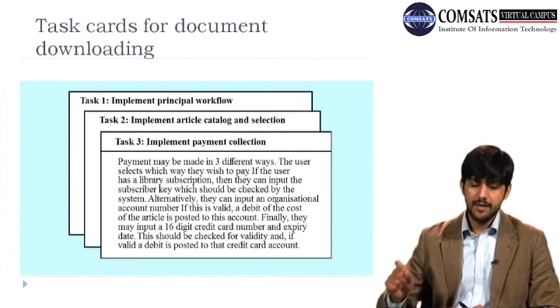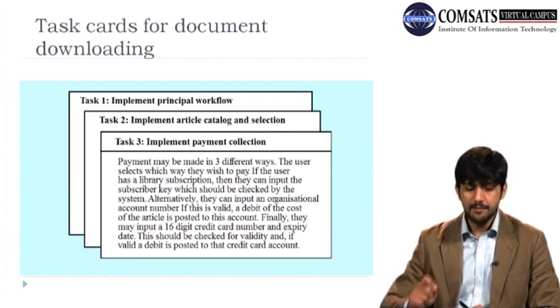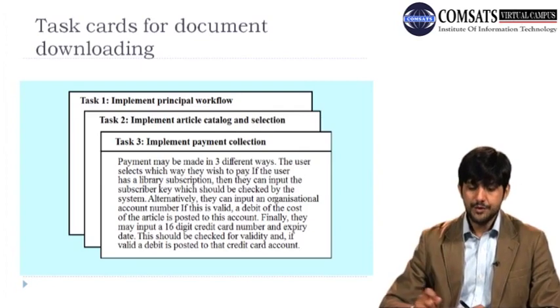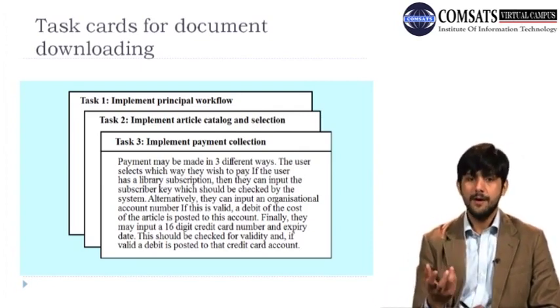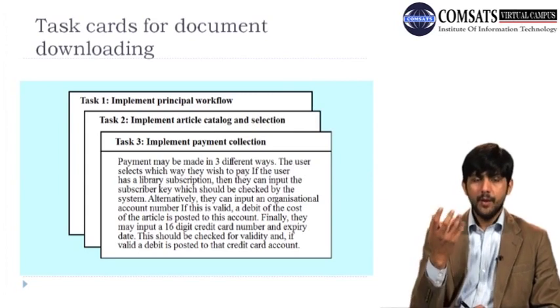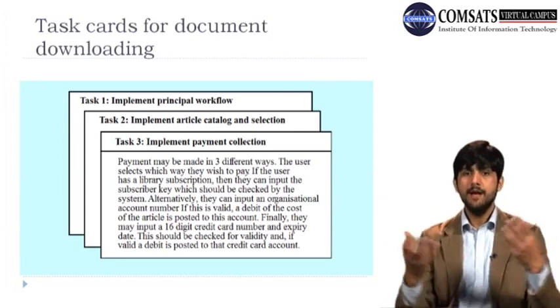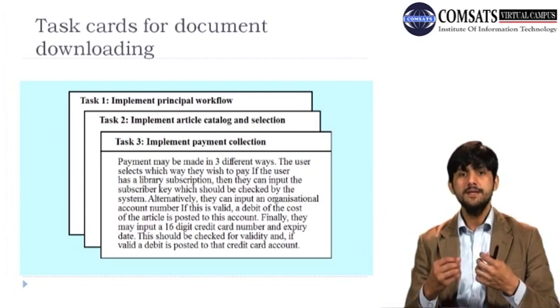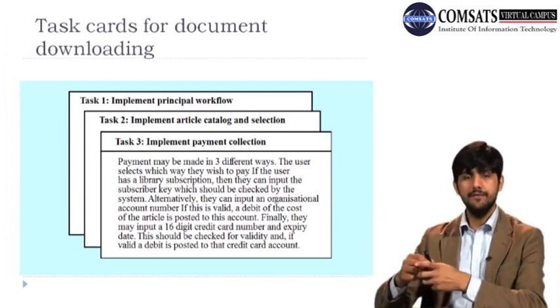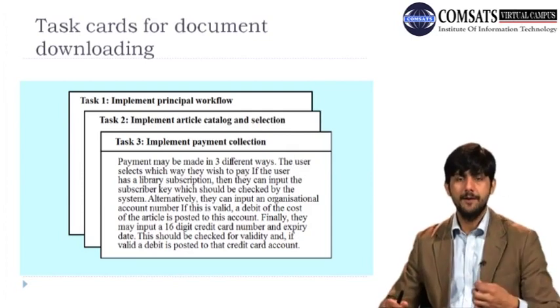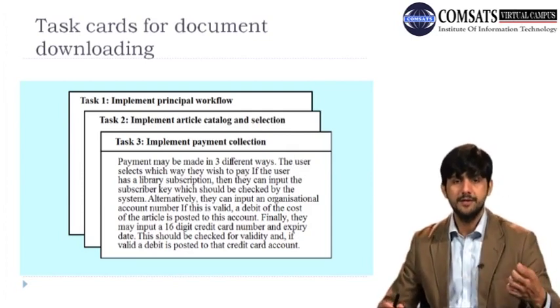If the user has a library subscription, then they can input the subscriber key, which should be checked by the system. Normally, you would have seen that in a university, for example, different universities have access to different journals. For example, at ComStats University, we have access to different IEEE libraries and journals.